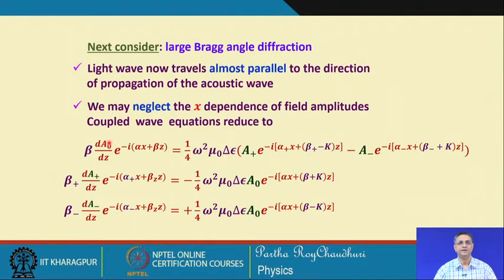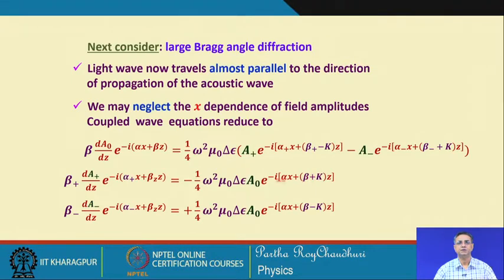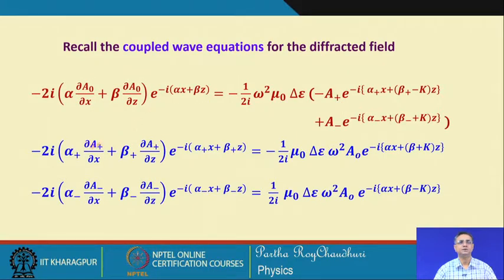You can see del A0 del z connects to this part which remains like this, and these are the other two equations, for the plus order and minus order, where again we have neglected the x dependence of the field amplitudes of the plus order and minus order diffracted waves.